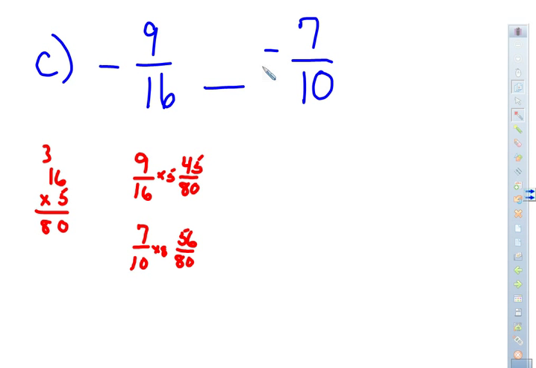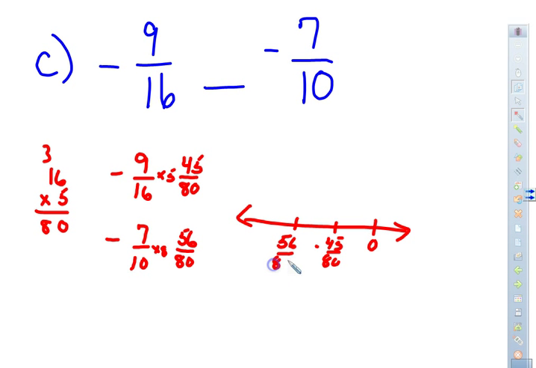So if we're looking at a number line, okay, with this being 0, these are my negative numbers. The larger of these numbers, since this is negative, okay, my 45/80 is going to be over here, and my 56/80, since it's negative, is going to be out here.